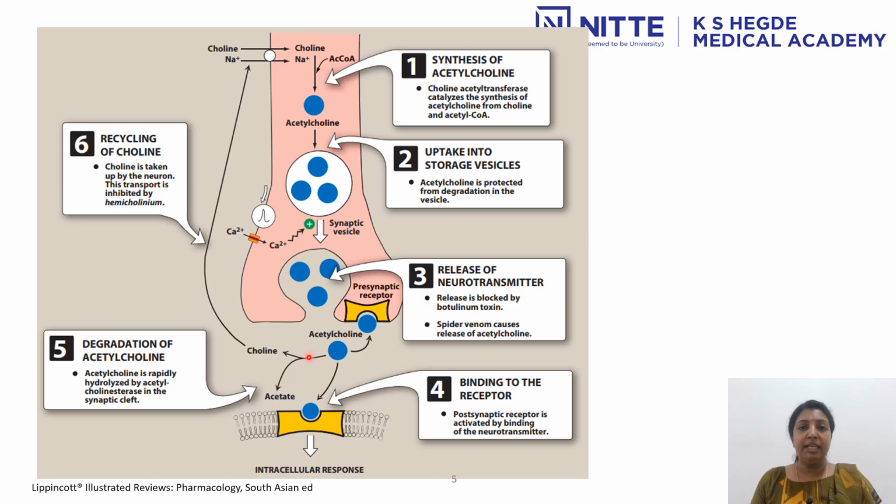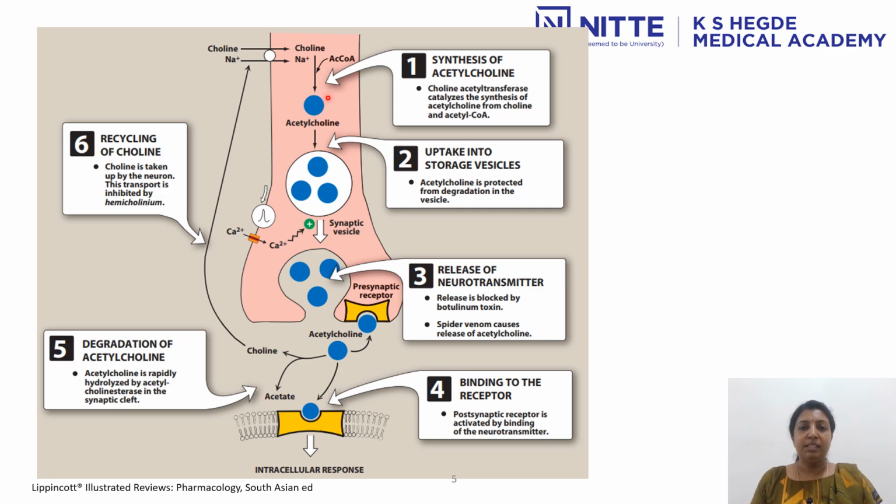Acetylcholine is rapidly metabolized by the enzyme cholinesterase, or acetylcholine esterase, to produce choline and acetate, and this choline can be recycled and utilized for the biosynthesis of more acetylcholine.